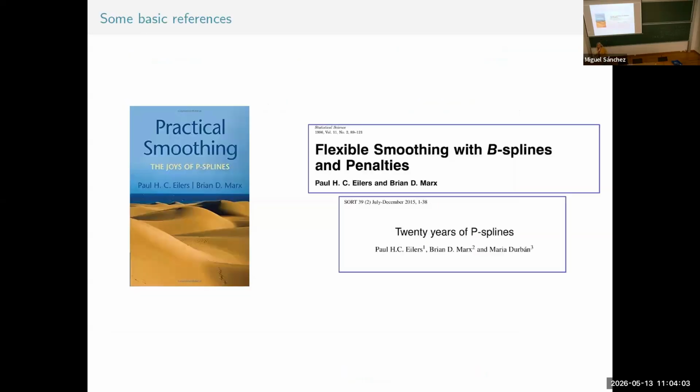I want to give you some basic references of what I'm going to talk about, which are penalized splines. There is a very nice book written by Paul Eilers and Brian Marx, who are the people who first introduced P-splines. This year is 30 years ago. It was in 1996, which is the reference at the top.